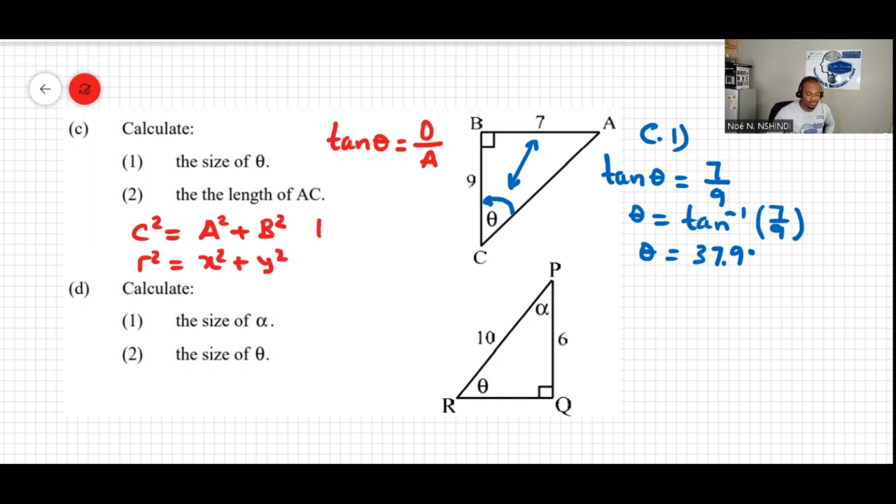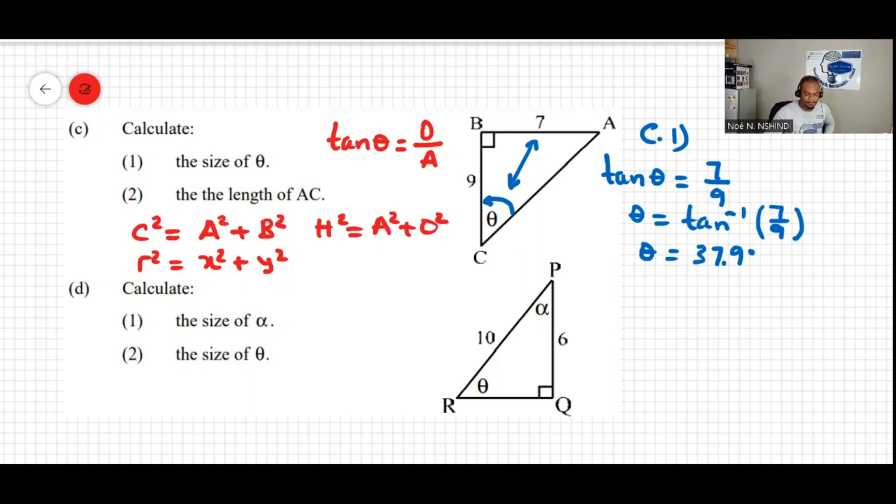Or sometimes we write it like h squared equal to a squared, adjacent side squared, plus o squared. So all these three formulas talk about the same thing. Now, we can calculate AC in this case, which is our c squared, our h squared, or our r squared.